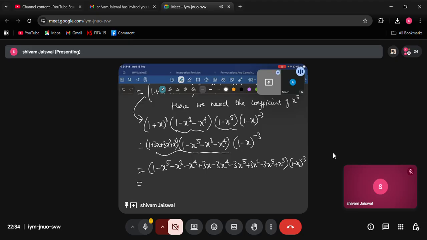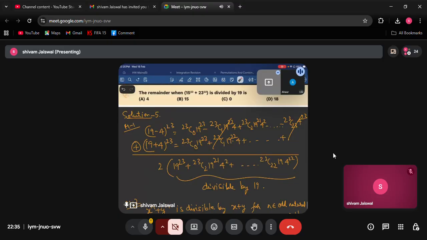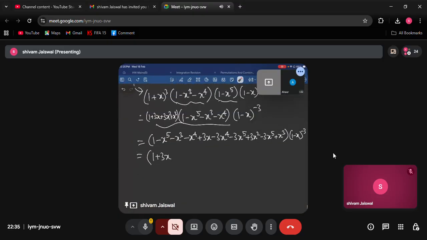So let us simplify this a little bit. It will be 1 plus 3x. Then the x square term: only one of them is 3x square, so plus 3x square. Then x cube: minus x cube plus x cube will get cancelled.